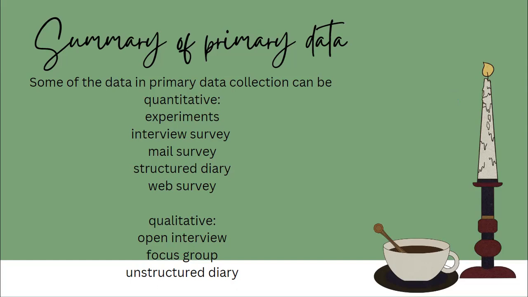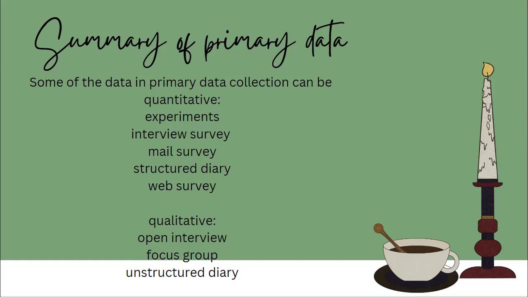If you read the reading, you will notice that we have a chart where you can see the quantitative and the qualitative research and the results that you are going to obtain. For example, in the quantitative research, you might have interview surveys, mail surveys, structured diaries, and a web survey, and also spontaneously, you might monitor the research, observe it, and administer your records.